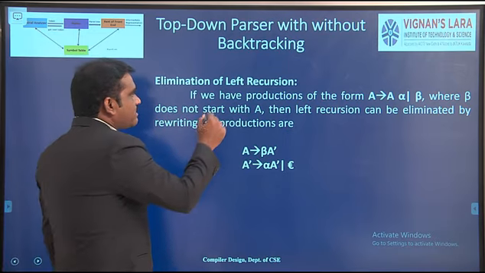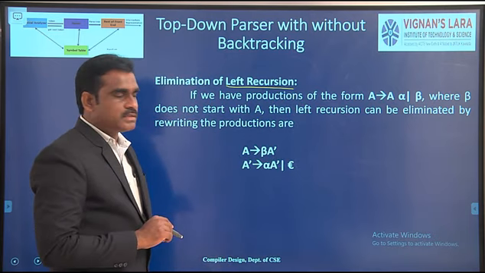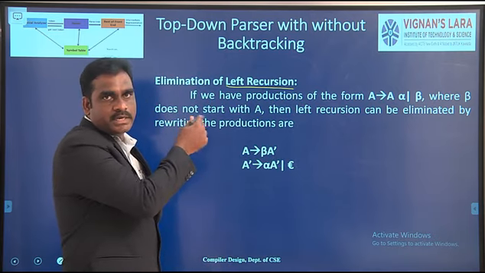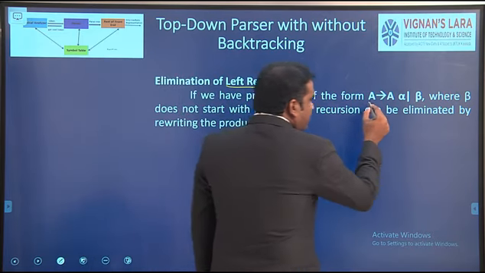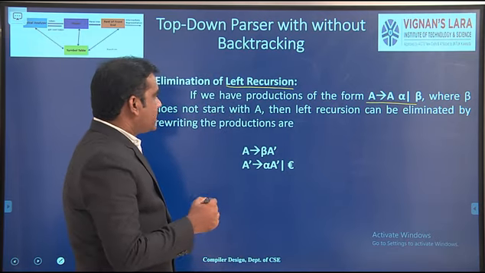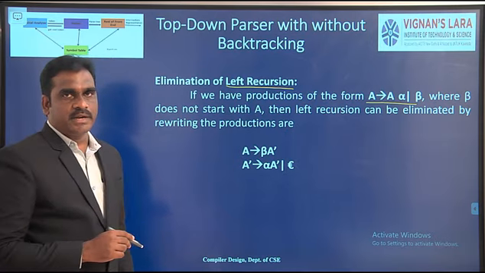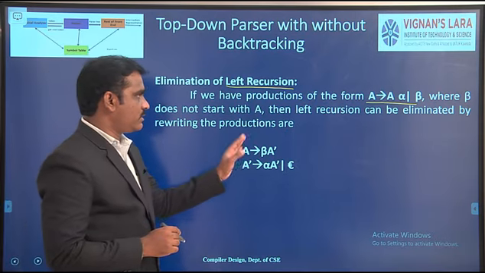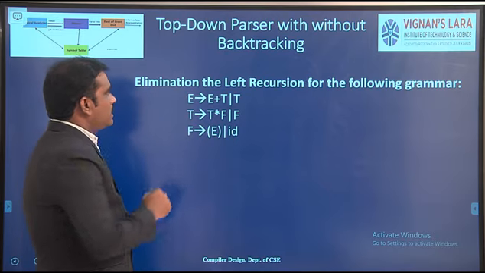So first of all, what is meant by left recursion? It is already completed; in the previous class we already discussed left recursion. Left recursion means it is of the form A → A alpha or beta. Then the solution is A → beta A dash, and A dash → alpha A dash or epsilon. This is the solution.